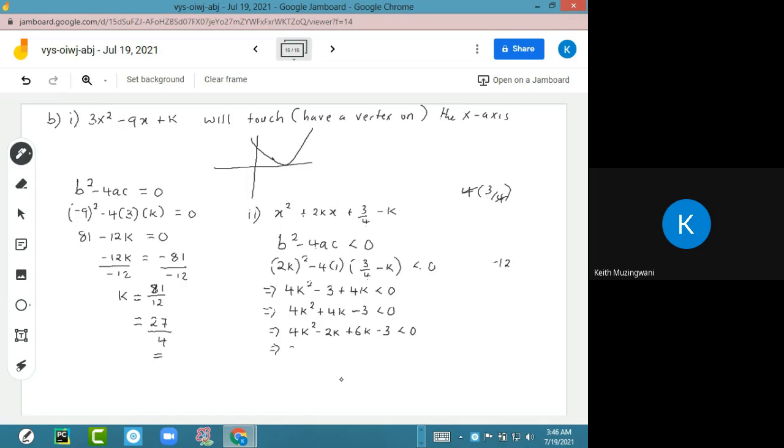So 2k out, 2k minus 1; 3 out, 2k minus 1, less than 0. So we get 2k minus 1 and we also get 2k plus 3.